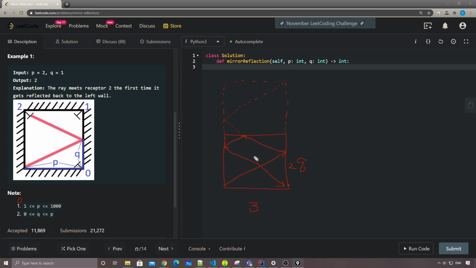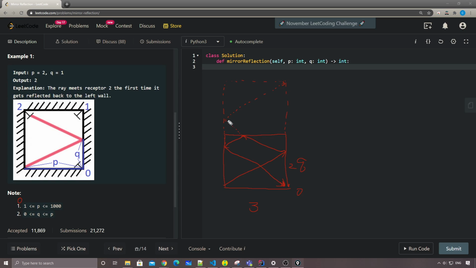As you can see, we're transforming the problem within one square into two squares now. And this time the receptor is 0. So this is 0 in this case.